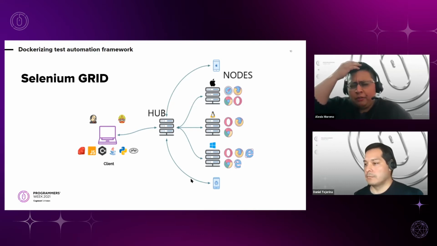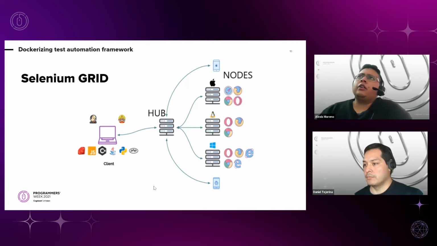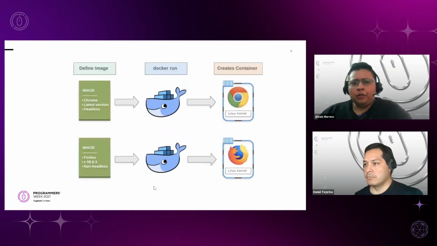So this is very powerful, especially when we need to run cross-browser or cross-device tests at the same time. It's very fast also, and it's interesting because there is an image of Docker Grid that we are going to use in this demonstration next. So we don't need to configure the Docker grid. We simply create the container and call the hub pretty easily.